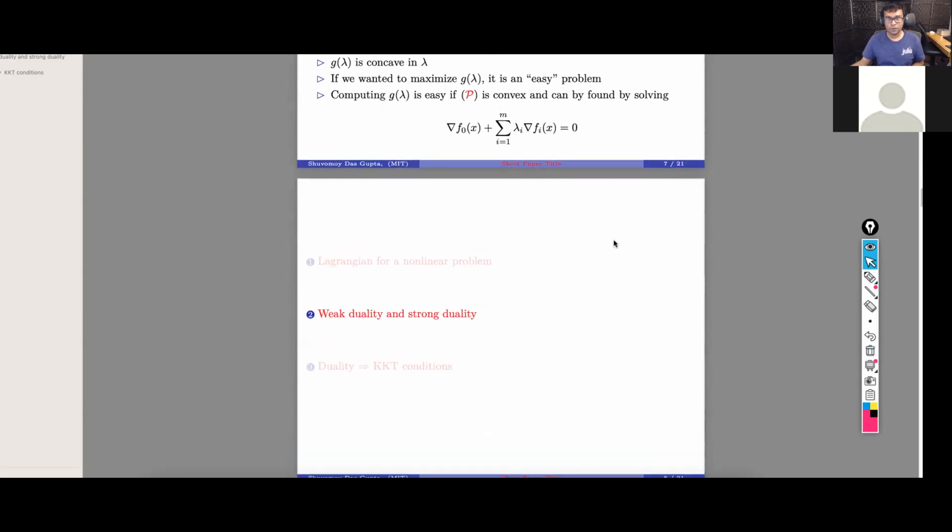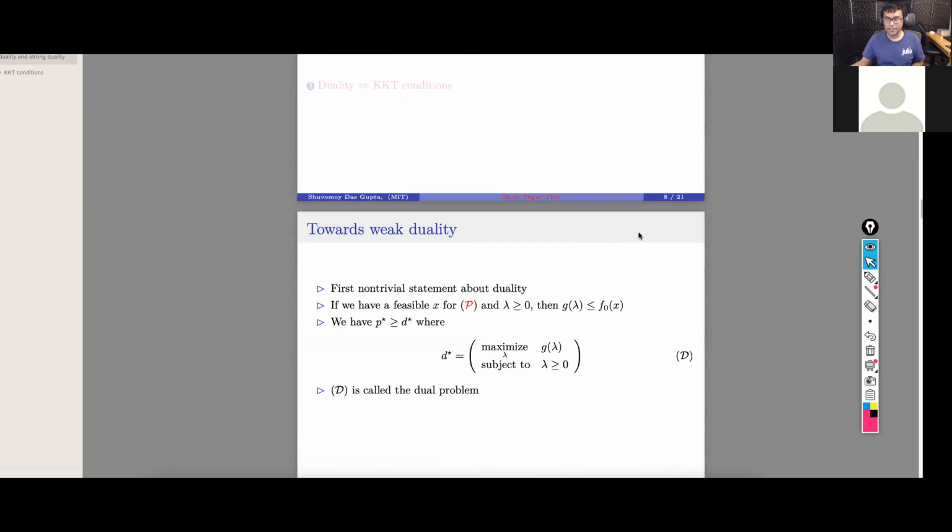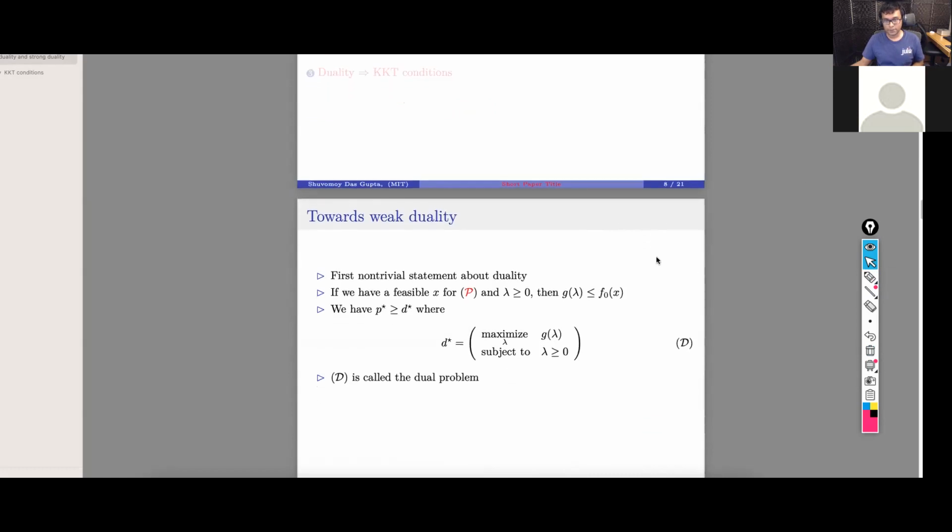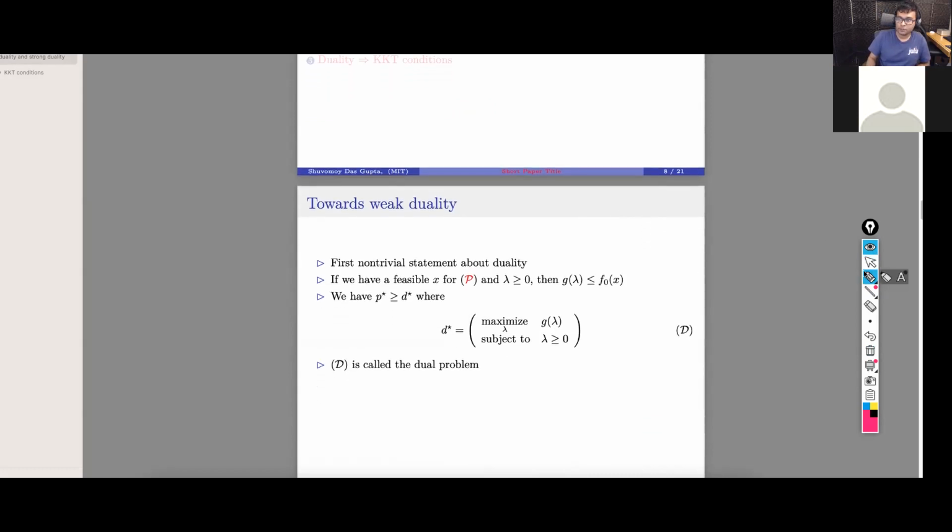Okay, so this led us to weak duality. And what does weak duality say? The weak duality has two steps.